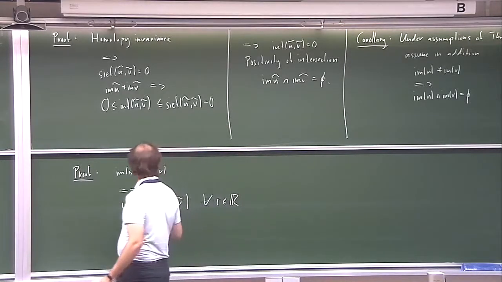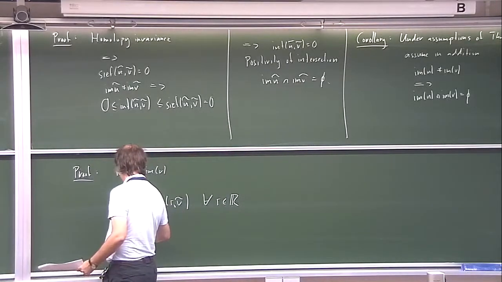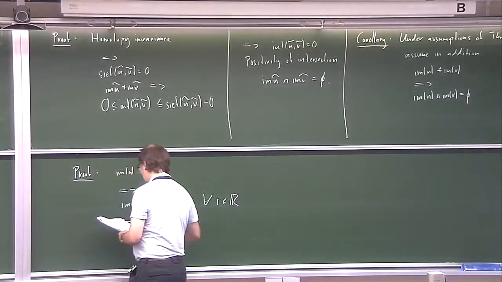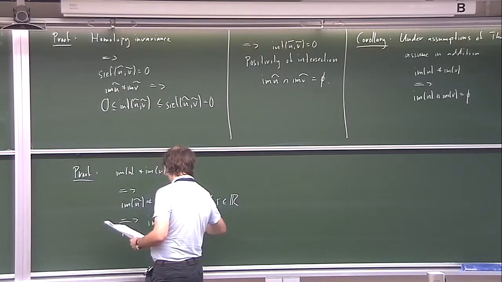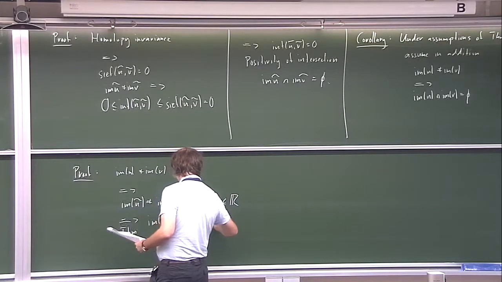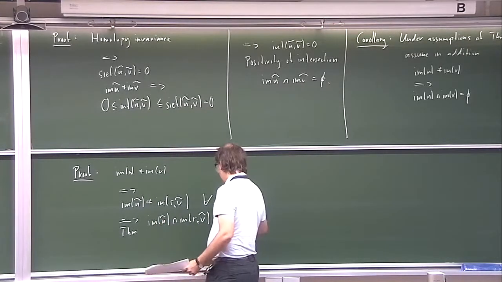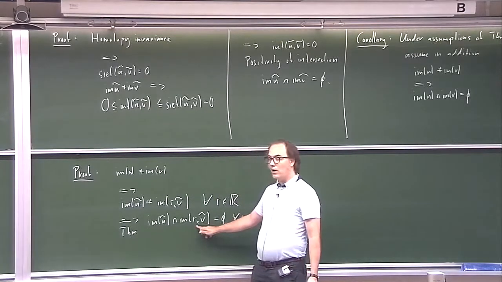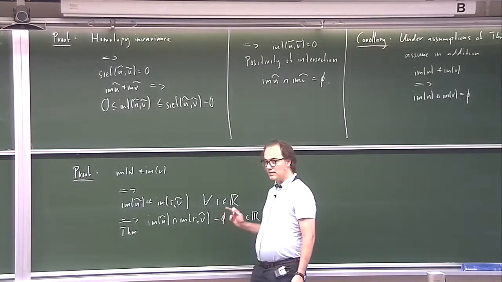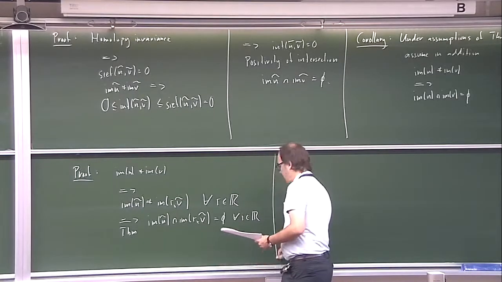And therefore, by the theorem, we get that the image of ũ is disjoint from the image of R star ṽ for all R, but because this is for all R-shifts, actually the image of u has to be disjoint from the image of v.